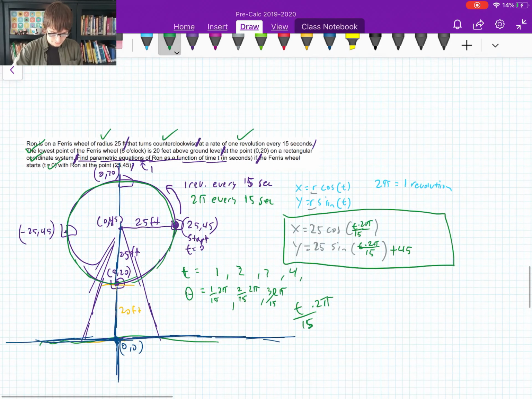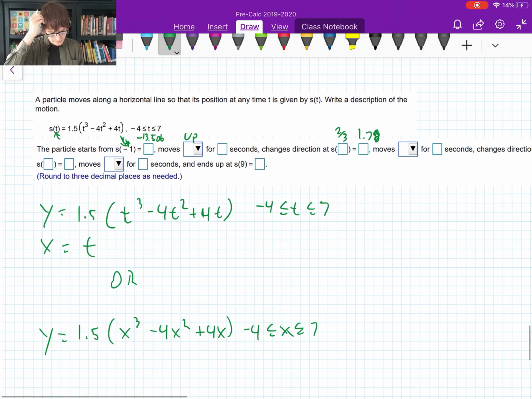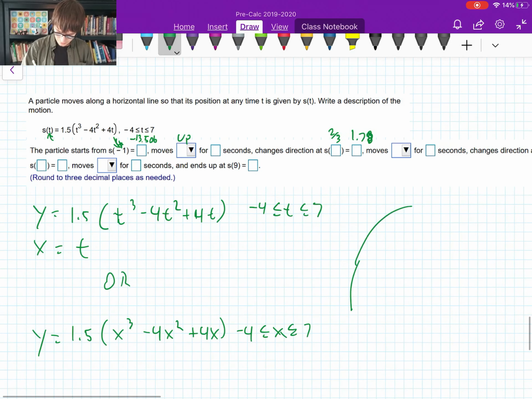Let's see. It says it moves up for how many seconds? We don't know how many seconds. Let's see. We started at -1, and we went to 2/3. So if we were to graph this a little bit, we start at -1, then we go to 2/3.